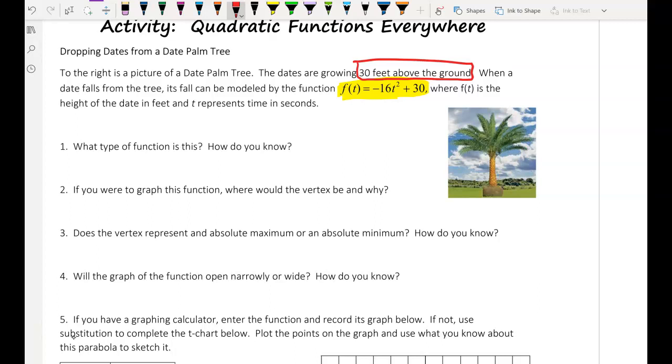So what type of function is that? And how do we know something is a quadratic function? We studied this in Unit 1. The squared. This second power right there is what tells us that this is a quadratic function.